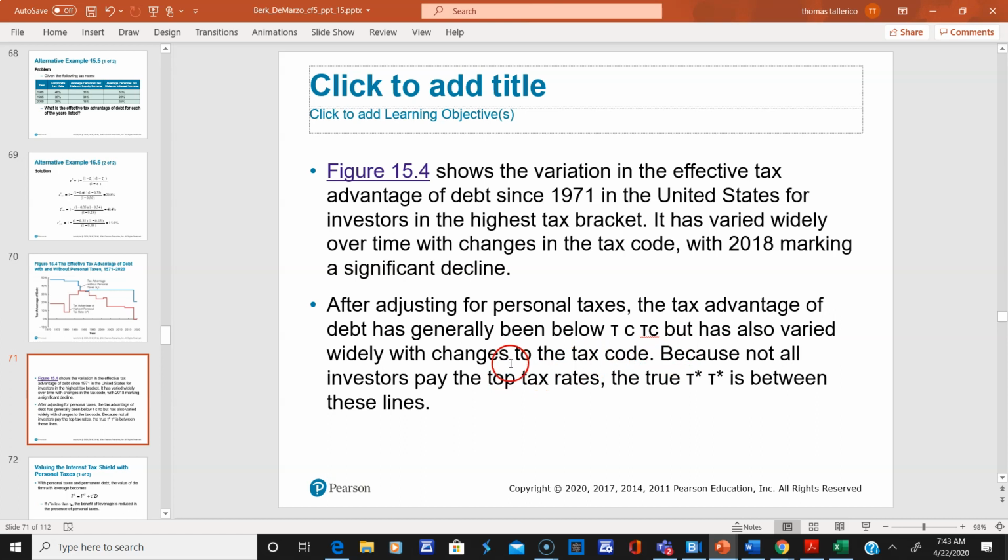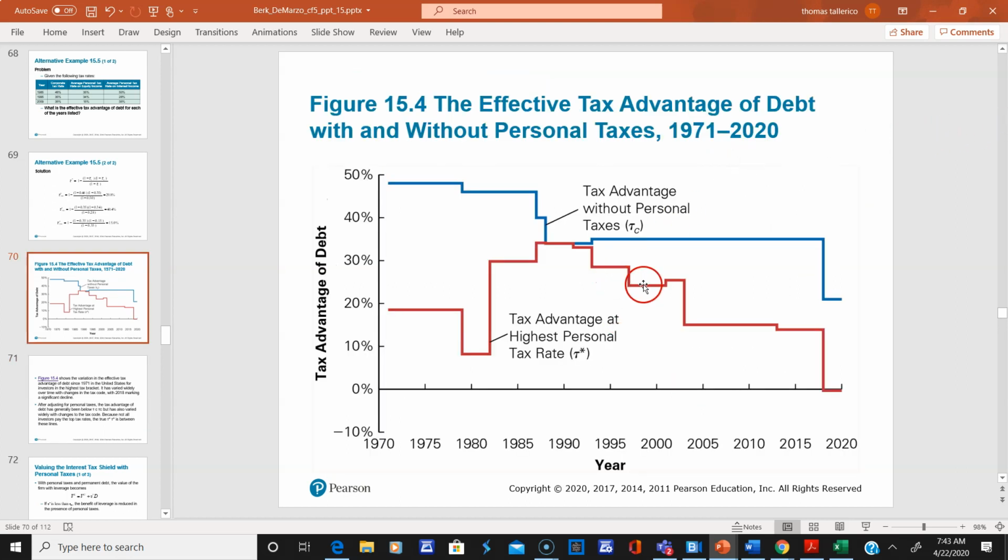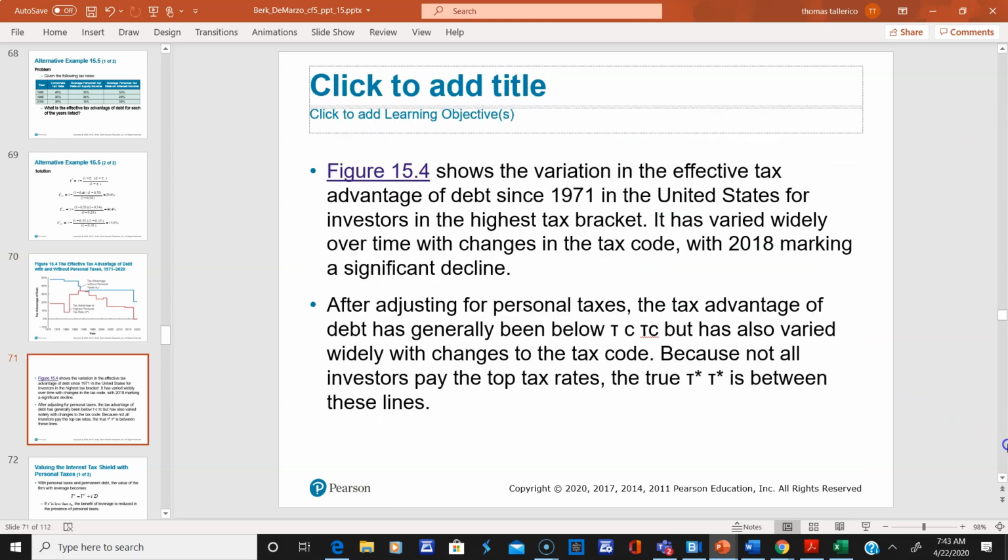Because not all investors pay the top tax rates, the true tax rate T star is between these lines. I don't know why they have a T here twice, but anyway. So you can clearly see how the advantage has been below the corporate rate. It has gone down because of your tax rates.